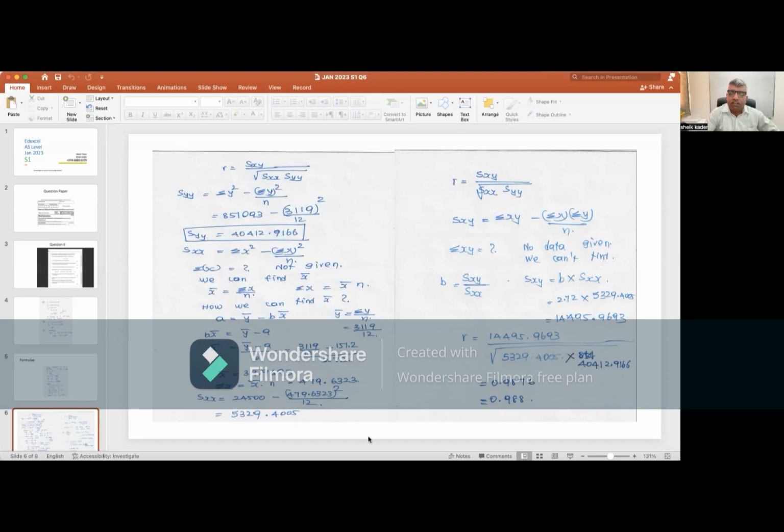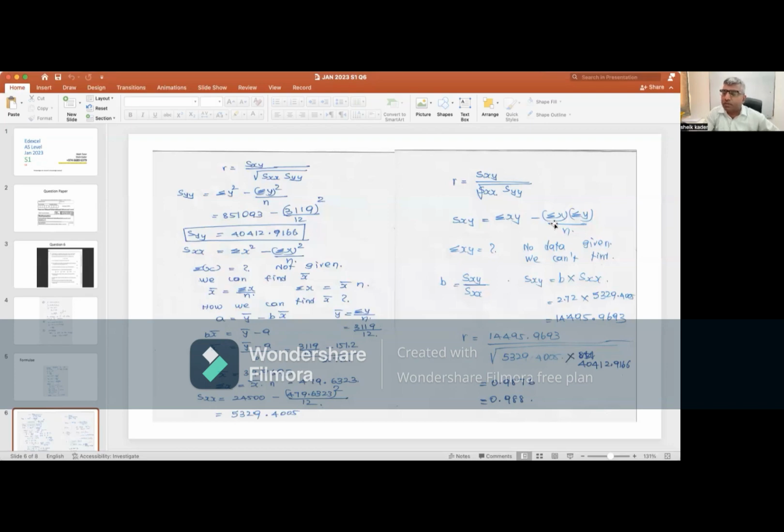Substituting all the values, 3109 over 12 minus 151.2, divided by 2.72, gives 39.9693. Multiplied by n, we get sigma x as 479.6323. Substituting the sigma x values into Sxx, I am getting 5329.4005.